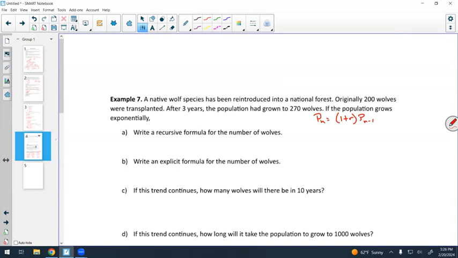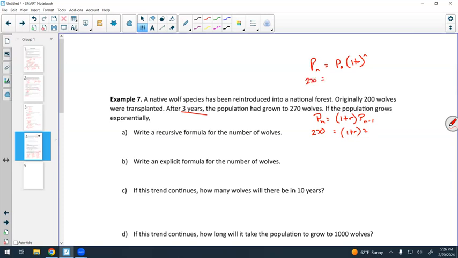So I know 270 equals 1 plus R times... yep, I can't do that. I have to go P sub n equals P sub 0 times (1 plus R) to the n.